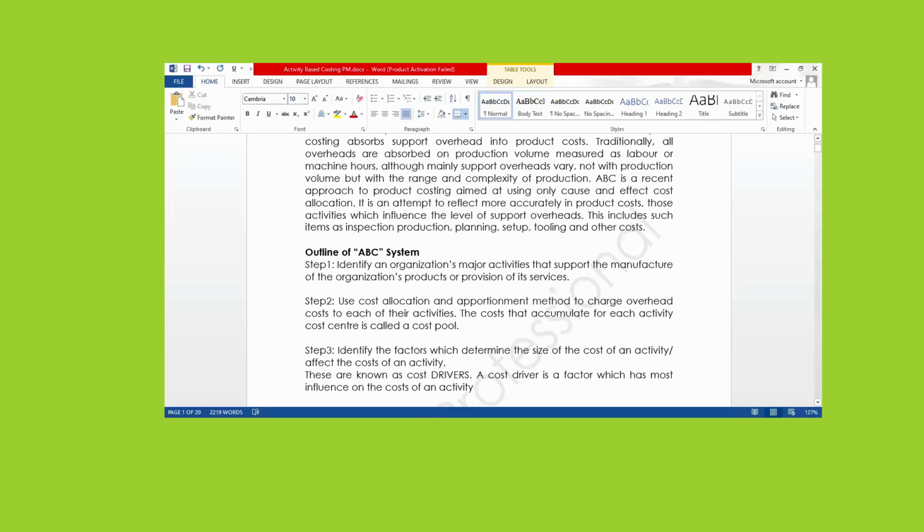Step 2, use cost allocation and apportionment methods to charge overhead costs to each of these activities. That will give rise to cost pools.